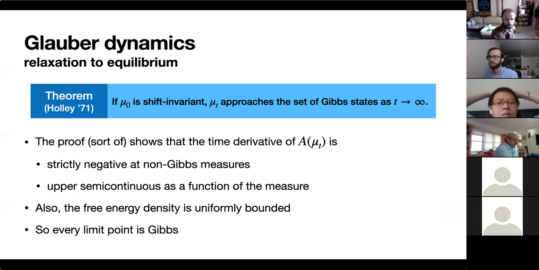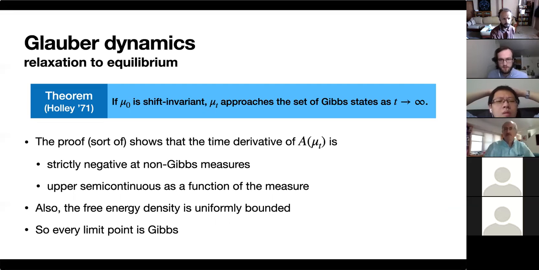So we've shown this equivalence between these different equilibrium states. Now that we have dynamics, though, it's natural to ask whether we actually approach equilibrium as t goes to infinity if you start with something that's not in equilibrium. So again, in the shift invariant case, that is true in this specific sense, at least.